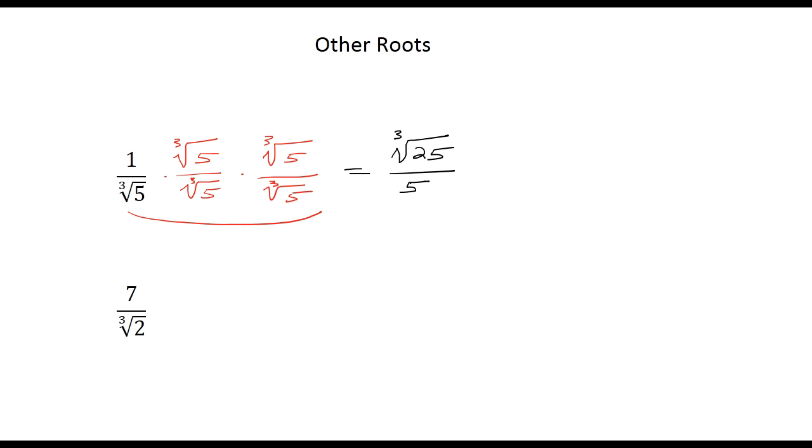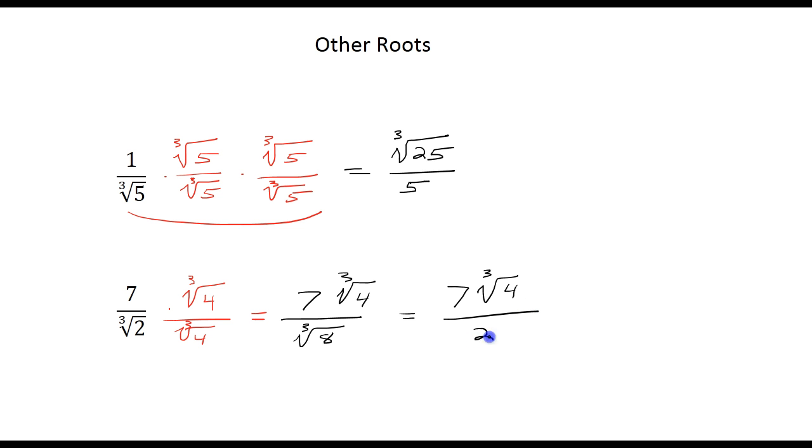So I could choose here, instead of doing the buddy thing, to multiply by the cubed root of 4 times the cubed root of 4. Because in the denominator, I get the cubed root of 8, which I know. In the numerator, I get 7 times the cubed root of 4. So my final answer would be 7 times the cubed root of 4 over 2.